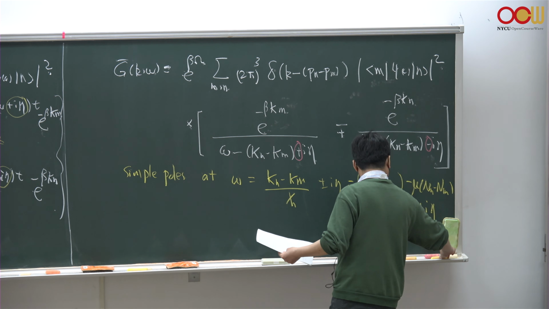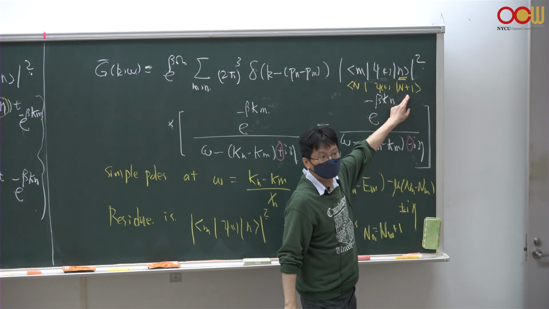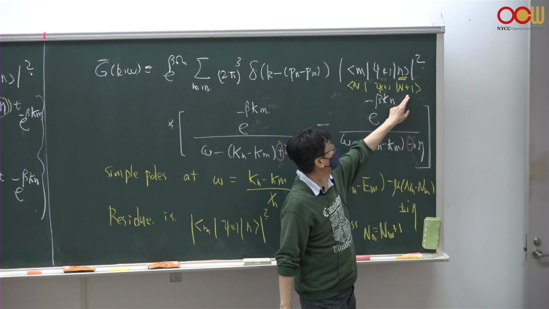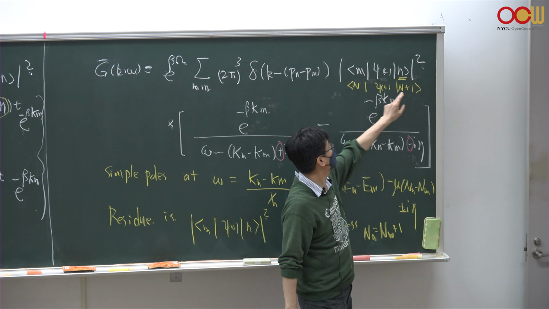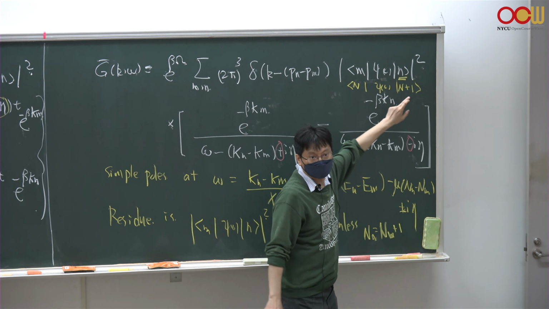You destroy a particle in the n plus 1 system, and you go back to the n particle system, which is the same as the Dirac bra state, and as a result, these two states sandwiching this destruction operator give you a finite value. If you don't get the same particle number between bra and ket state, by orthonormality conditions, you get 0.